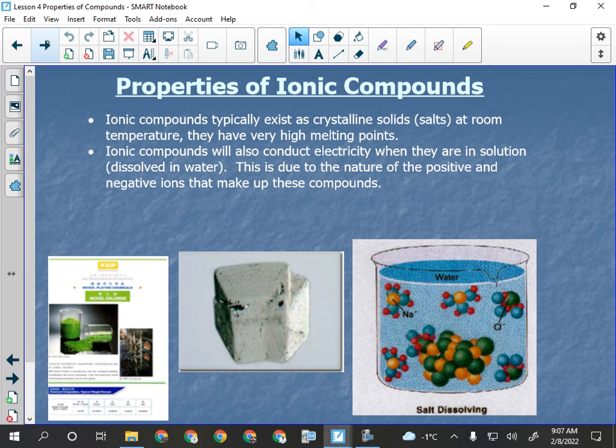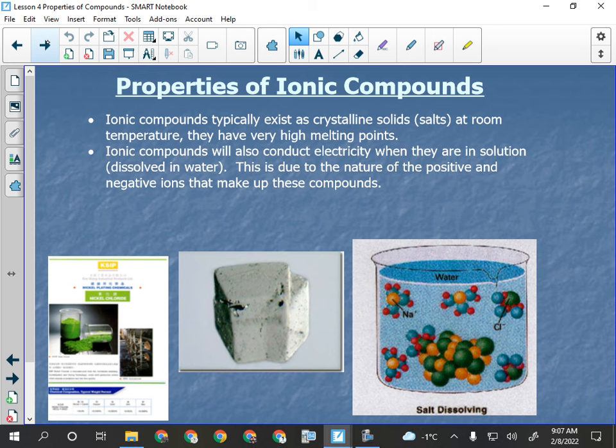So here's some things we need to know about ionic compounds that will help us in our lab. Ionic compounds typically exist as crystalline solids or salts at room temperature. When we use the term salt, we're usually talking about table salt, or salt we would add to food. But the term salt is actually a general term that applies to all ionic compounds.